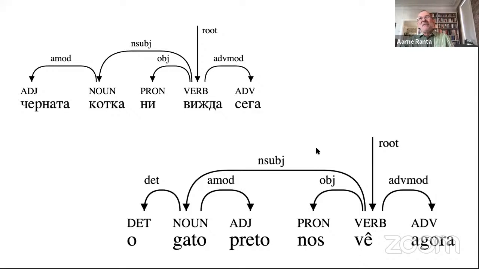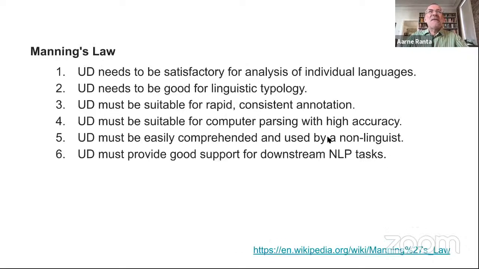Then they can have some of their own, and then there are some conventions which can be a bit different of how the labels are used. But in principle, the labels are the same for all of the languages. So here we have Bulgarian and Portuguese.